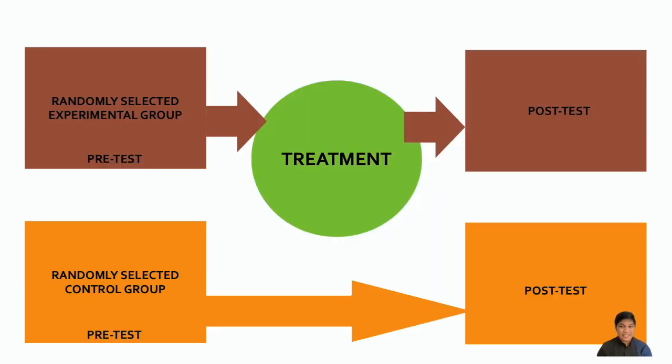So what you see on the screen is an example of an experimental type of conceptual framework. Probably this type of model is trying to study the effect of a particular drug on a certain group of people who have this particular disease. Like for example, in diabetes, we have insulin, right?